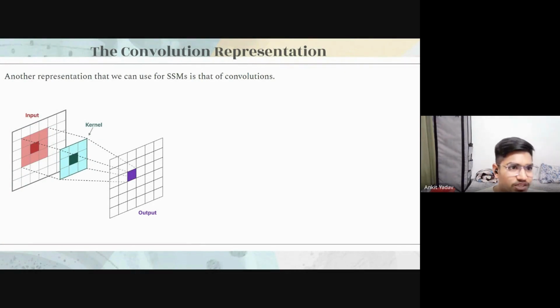How they are using convolutional representation is also a good ideology they have started using with these SSM now. So what happens is there's a kernel in these convolutional networks.